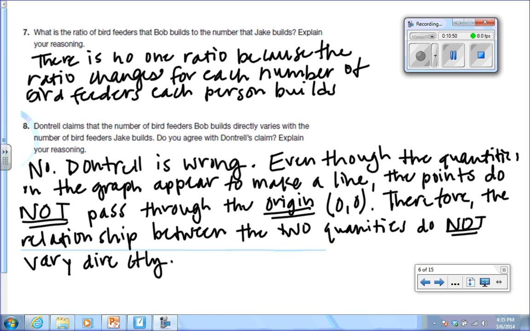Even though the quantities in the graph appear to make a line, the points do not pass through the origin, which is 0, 0 on your graph. If they don't pass through the origin, then the quantities do not vary directly. I mean, there's a relationship, I shouldn't say that, but the quantities do not vary directly.